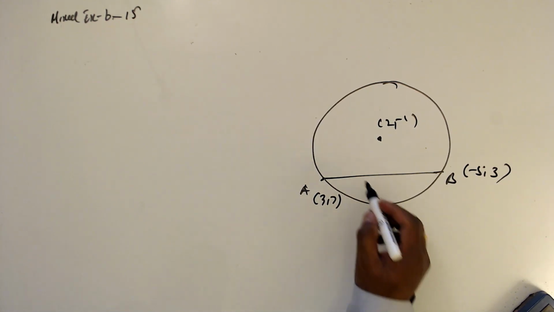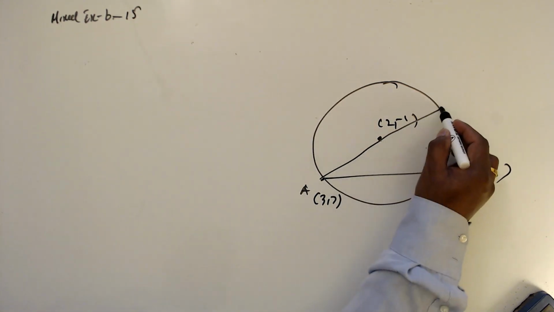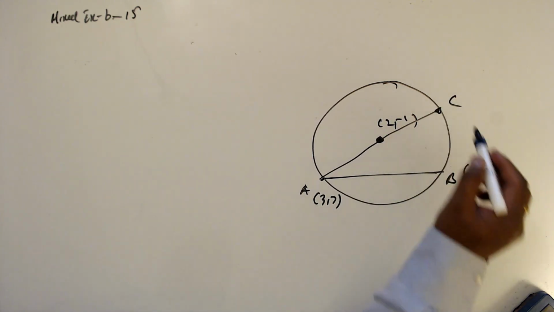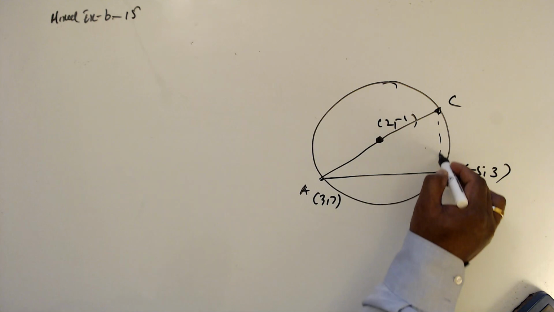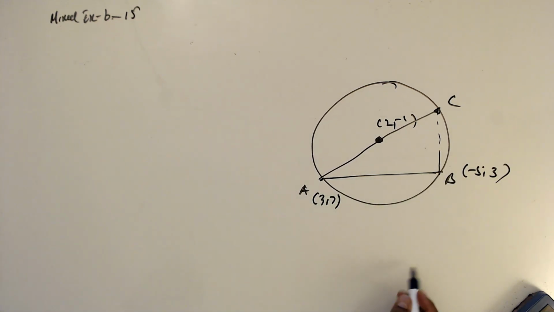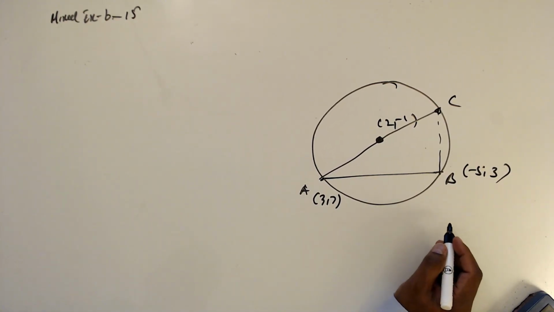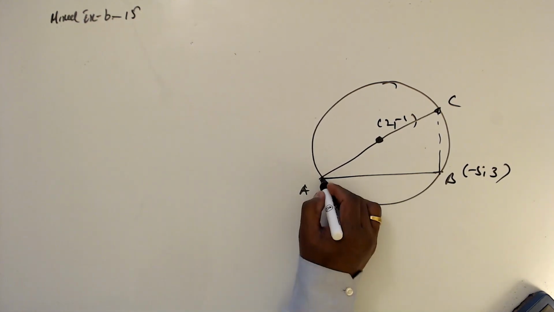AC is a diameter. Find the area of triangle ABC. Okay, let's work it out.